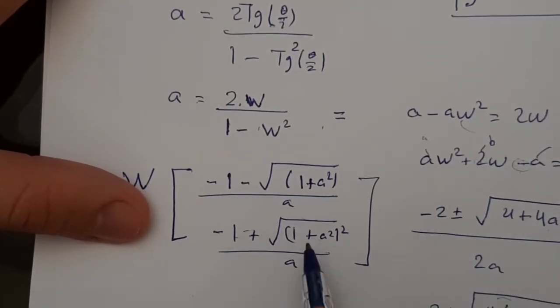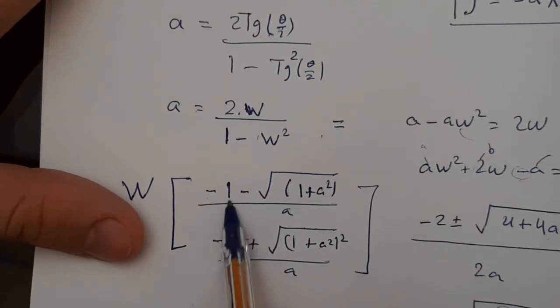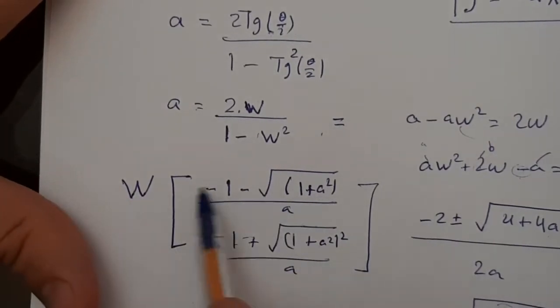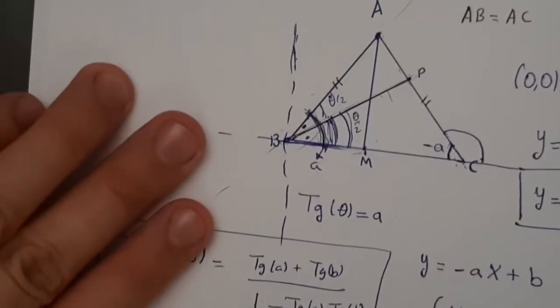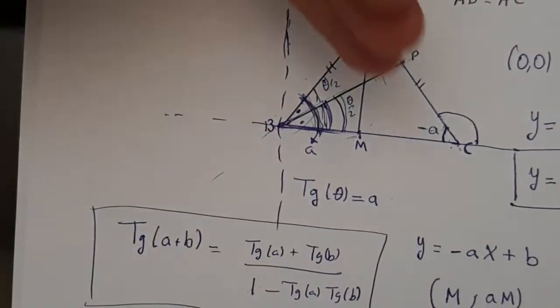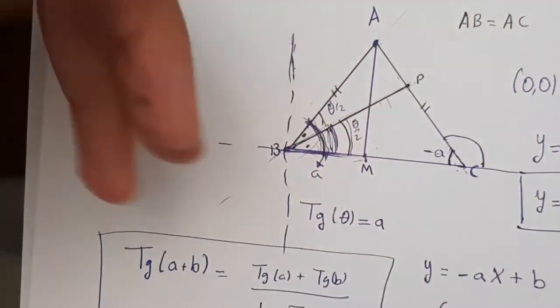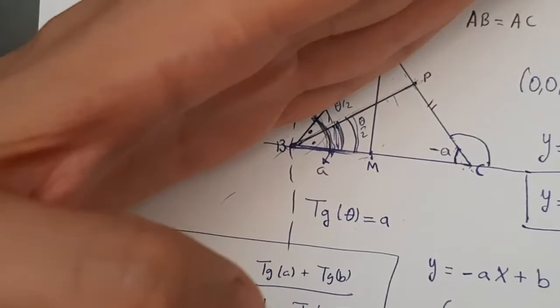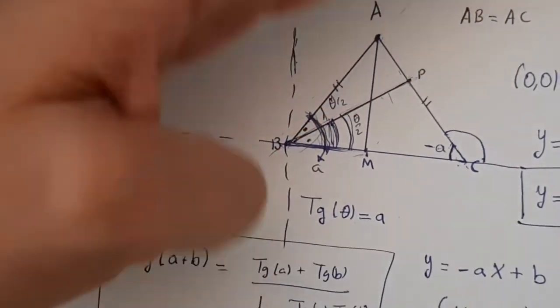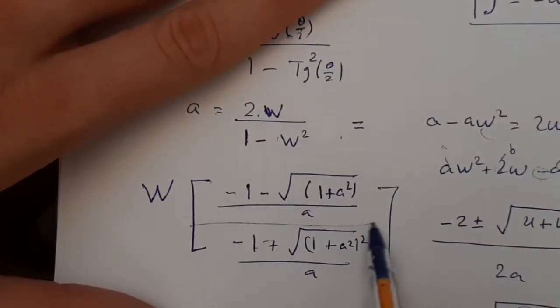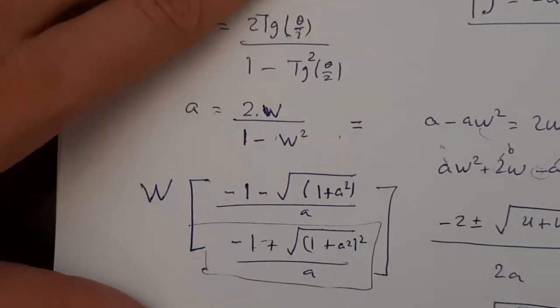Minus 1 will give you a positive number, and if you choose the other one, you will have a negative number for w. If you have a negative number, you will have a line with a decreasing slope, right? But we wanted a rising line, okay? So this is why we need to choose this one over here, okay?